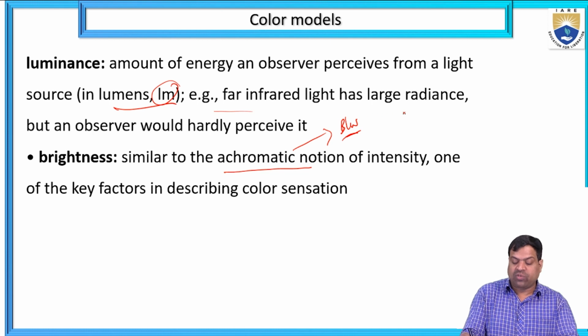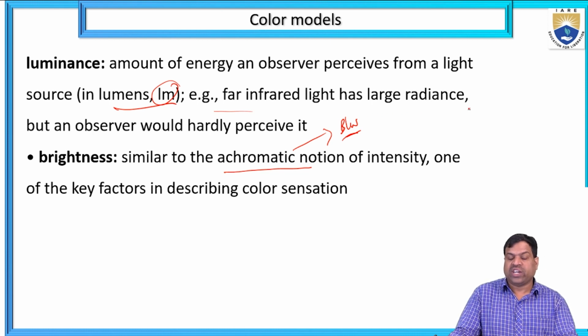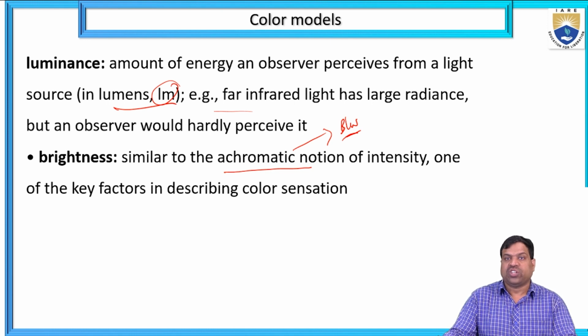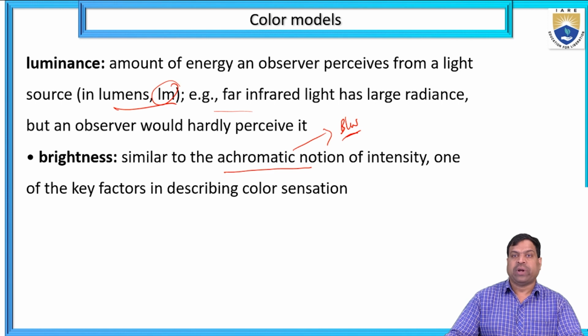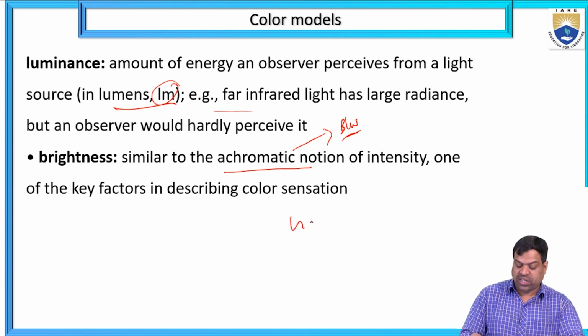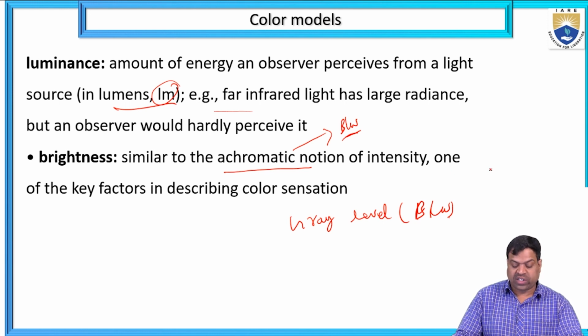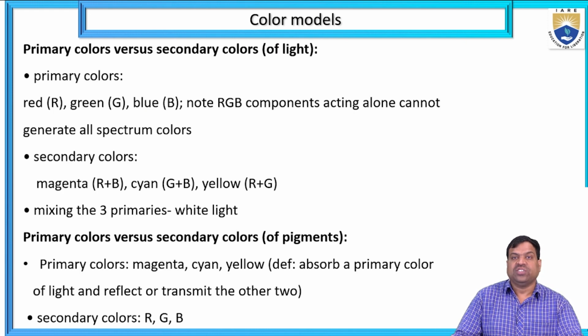Example, infrared light has a large radiance, but an observer will hardly perceive it. And brightness is the gray level, in the form of black and white. That is the achromatic notion of intensity, one of the key factors in describing color sensation.